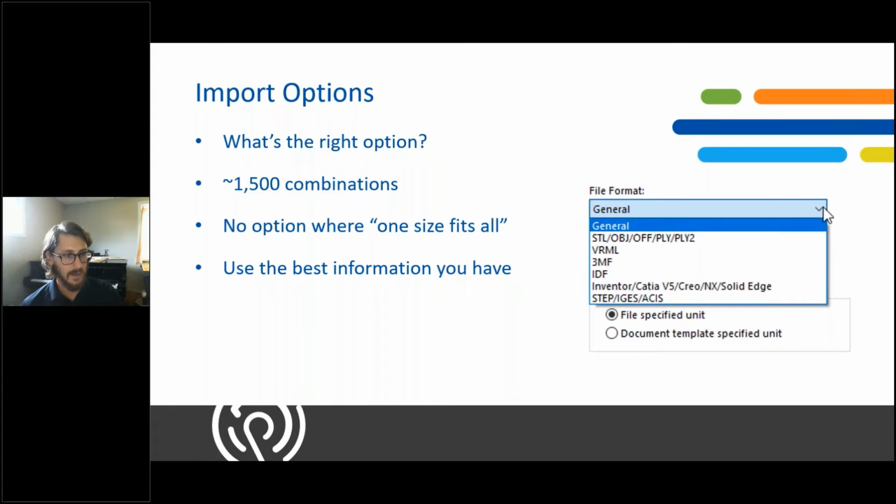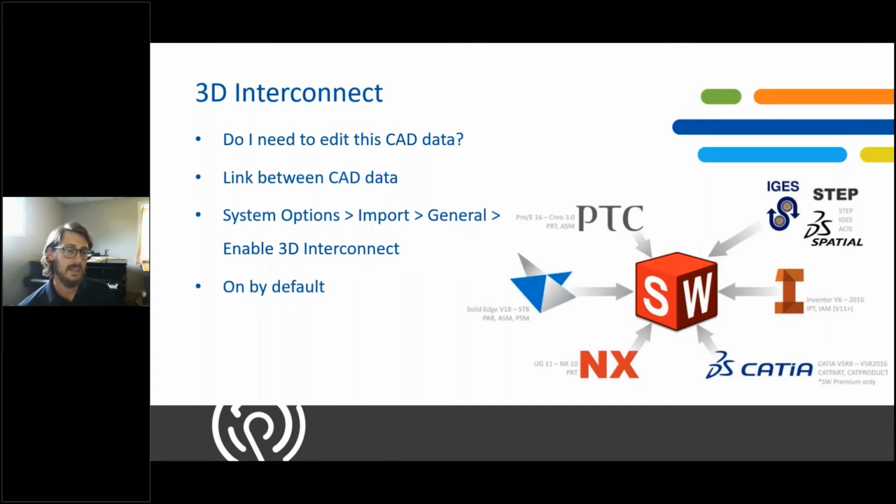Now, 3D Interconnect. This starts to answer the question of, do I even need to edit this CAD data? What 3D Interconnect is, it creates a link between the CAD data as it exists and how it's imported and viewed and translated into SolidWorks.